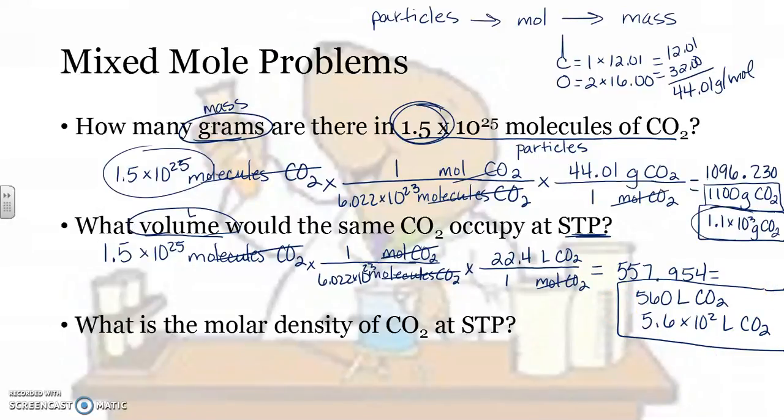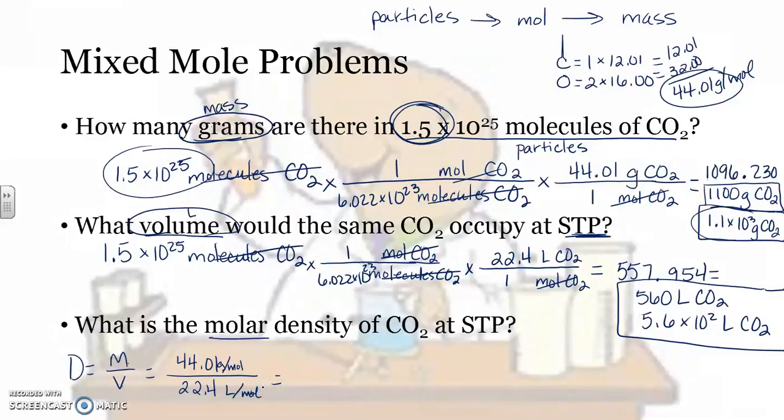Okay. So what is the molar density of carbon dioxide at STP? Remember, to find density, we need mass divided by volume. And since we're looking for molar density, we need molar mass divided by molar volume. So molar mass is 44.01 grams per mole, and the molar volume is equal to 22.4 liters per mole.